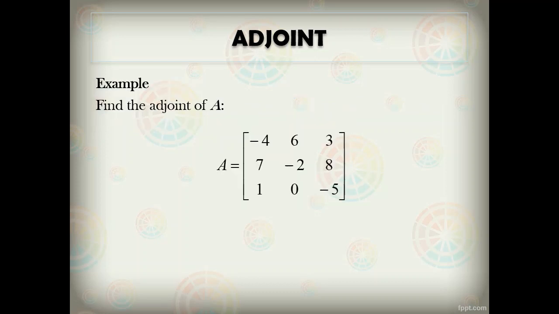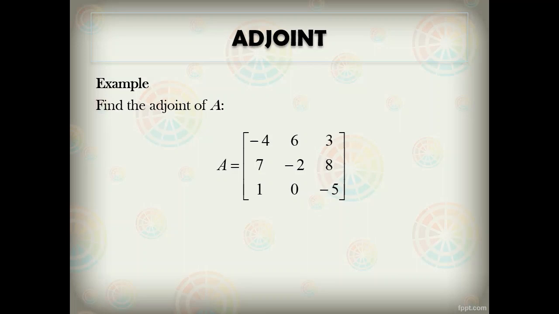Let us look at the first example. Let's say you have matrix A equal to minus 4, 7, 1, 6, which is the similar example from the previous slide. We already know the cofactor of matrix A, which we got from the previous calculation.